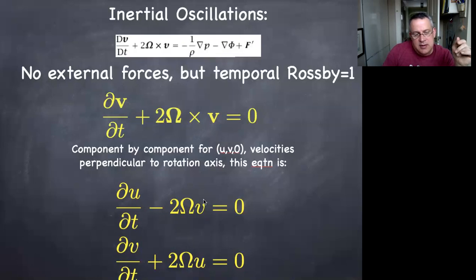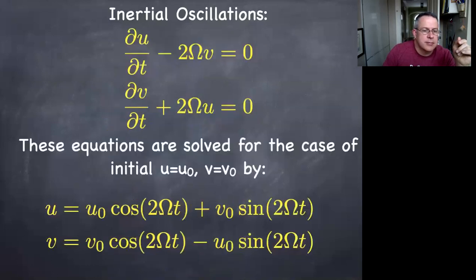We can take a time derivative of either one of these and then substitute the answer. So the time derivative of this would give us a second time derivative of u, first time derivative of v, because 2 omega doesn't vary in time, but we could take that and substitute into this equation. And if we do that, we actually get a second derivative in time and another term that depends on 2 omegas.